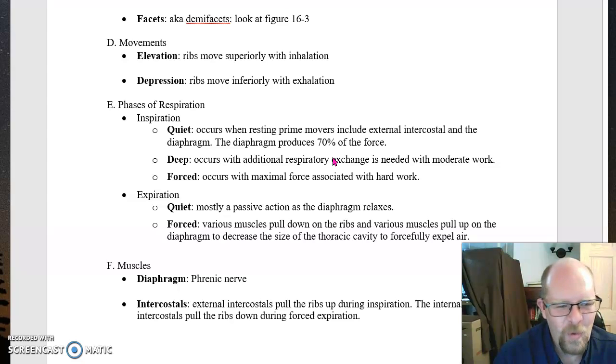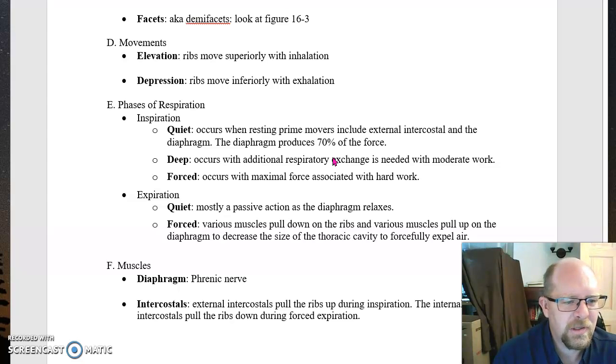If we look at forced inspiration, this occurs with maximal effort and it's associated with hard work. All right, so with deep inhalation, we start to use some of those accessory breathing muscles. With forced inspiration, we're definitely using those assistive muscles.